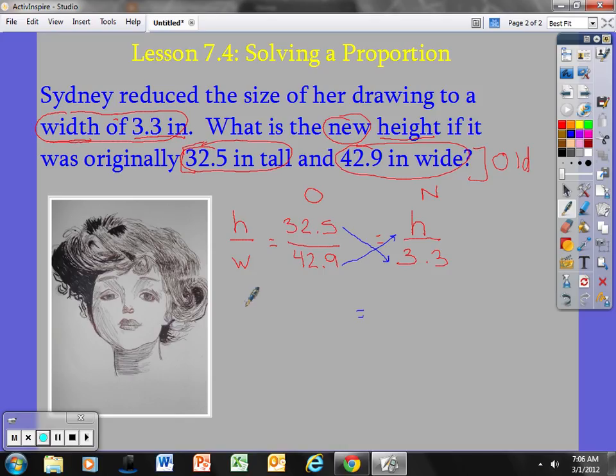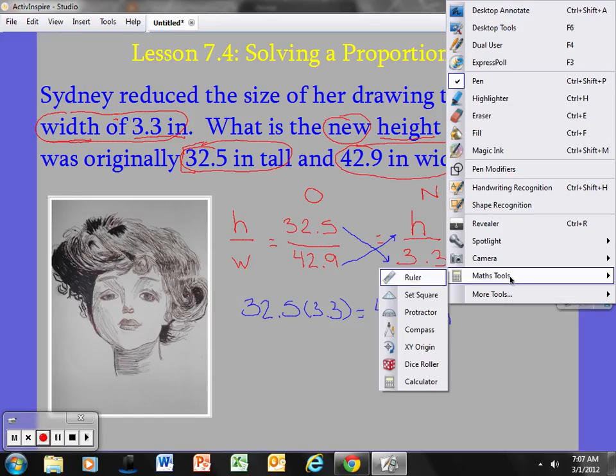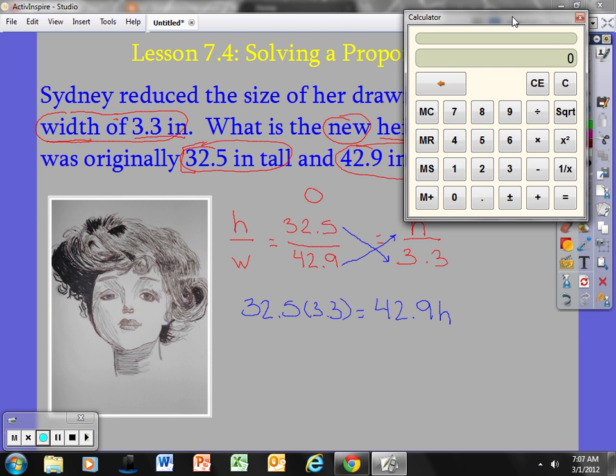So I have 32 and a half times 3 3/10 is going to be equal to 42 and 9/10 times the unknown height. I'm going to pull the calculator out so you guys see where my math is. I don't want to cover up Sydney's artwork.